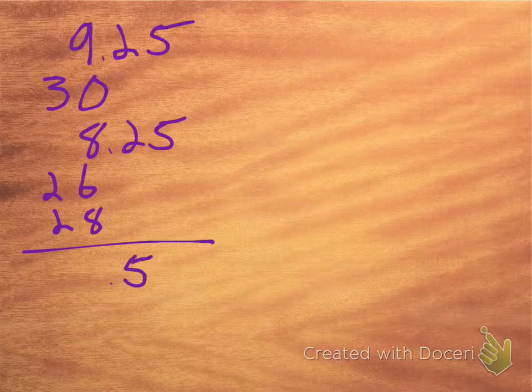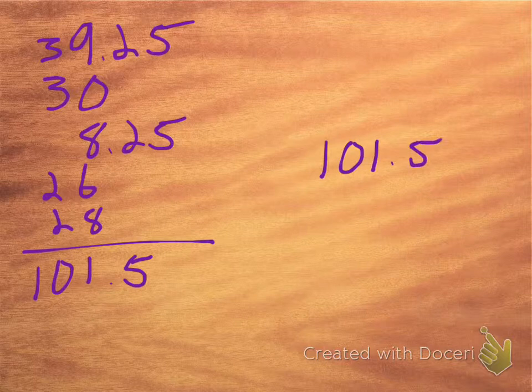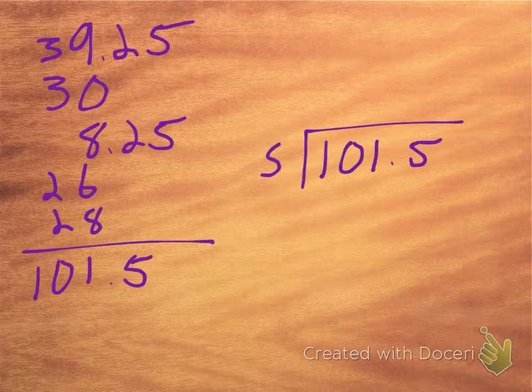If I add them together, I get 101.5 divided by what? How many numbers are there? That's 5. 20.3 would be your mean for the circumference.